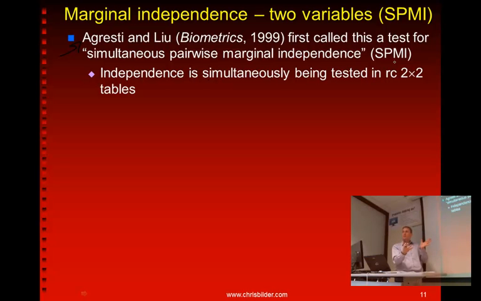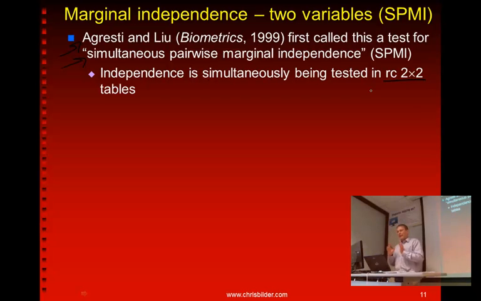We're not doing them in this paper, but this might be a nice little extension if someone looked into it. And they called this set of hypotheses simultaneous pairwise marginal independence. Well, why? They also suggested ways to approach the problem, but they never actually investigated them. And a lot of their approaches don't work out very well in the end.